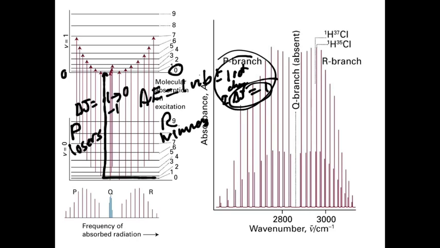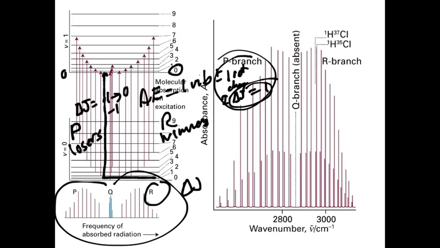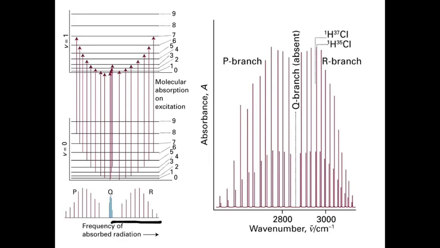So even though we have these spectrums down here, where all these R's are for delta J's equaling plus 1, and all these P's are for delta J's equaling minus 1, they're starting from different levels in the bottom. And therefore, the transition energy is different for each of those changes of 1, depending on where you start from. This gives us all these different lines that march out in the R direction or in the P direction.